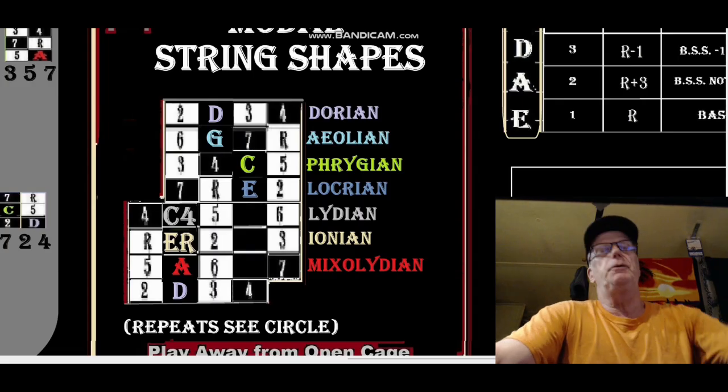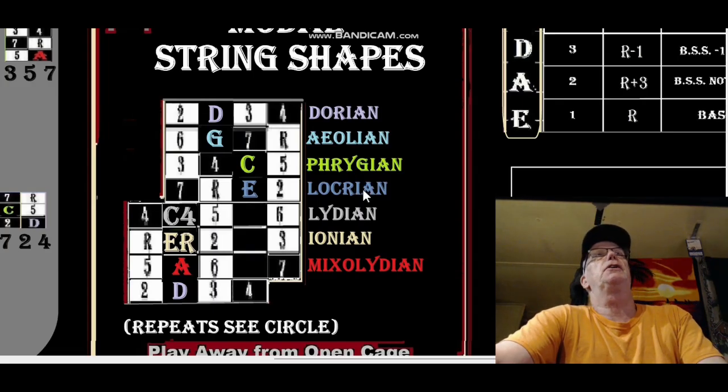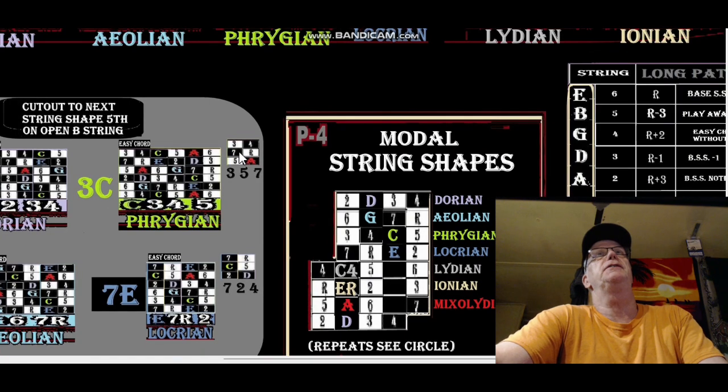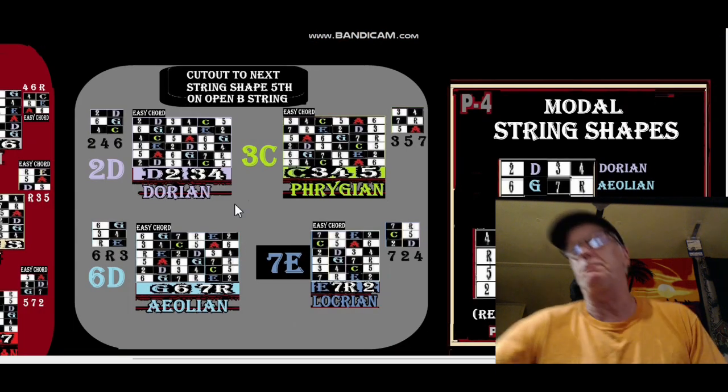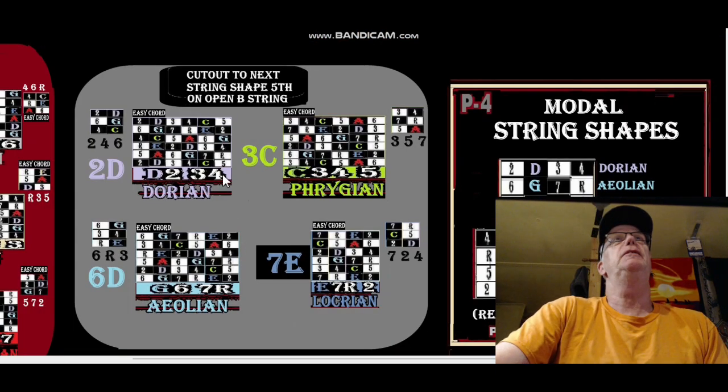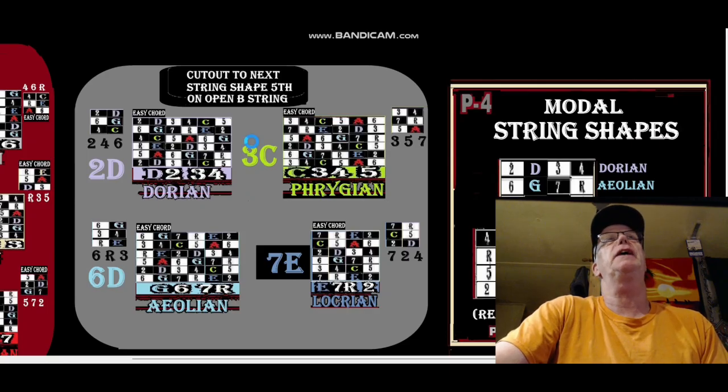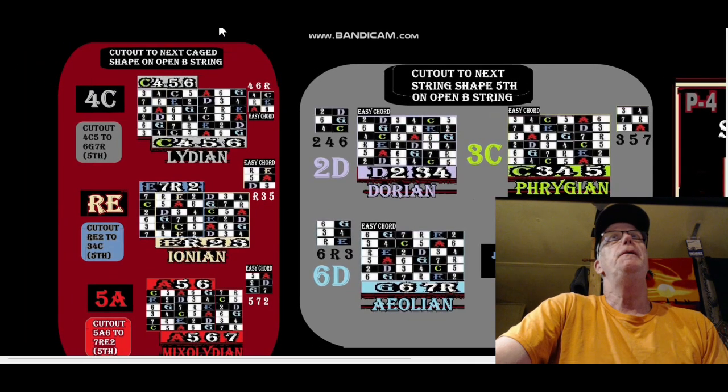By the time I finish this chart here, I put a lot of time into getting these easy chords. These are the top 3 strings in the modal cages. I brought the fretboard down here for us to look at. So let's see if we can do this.